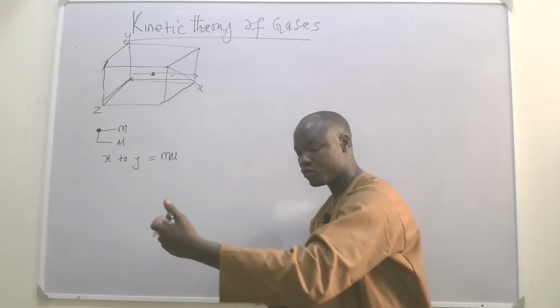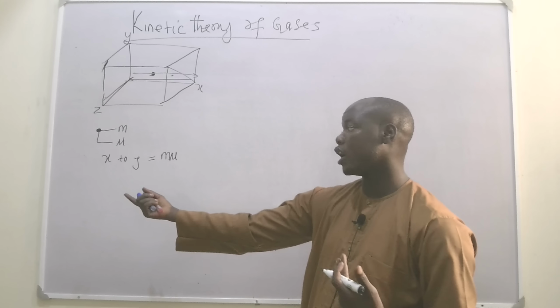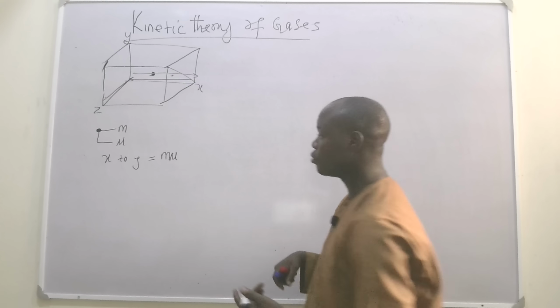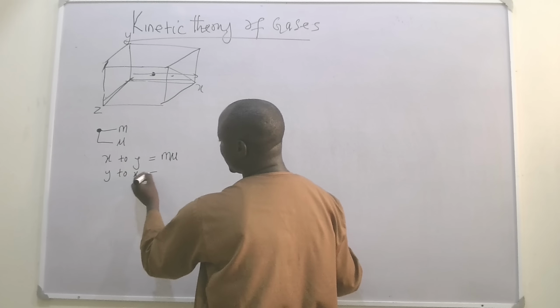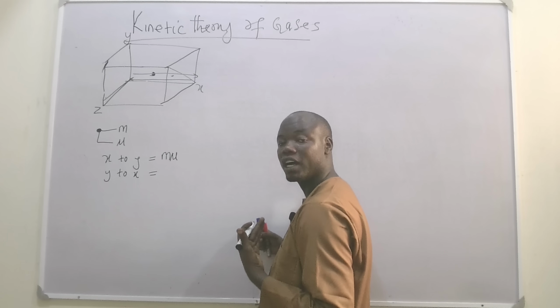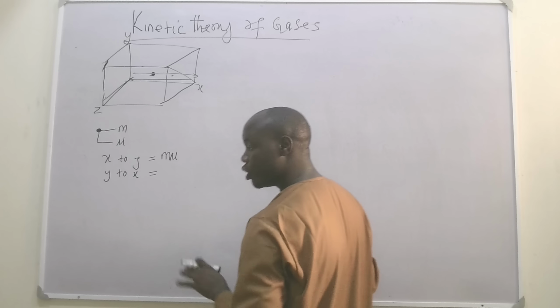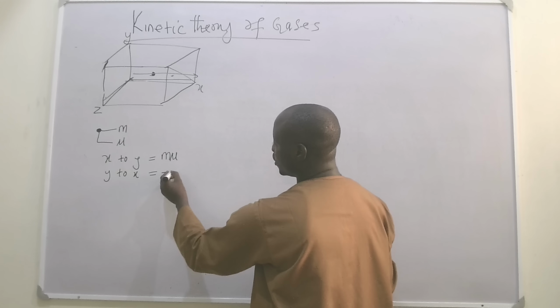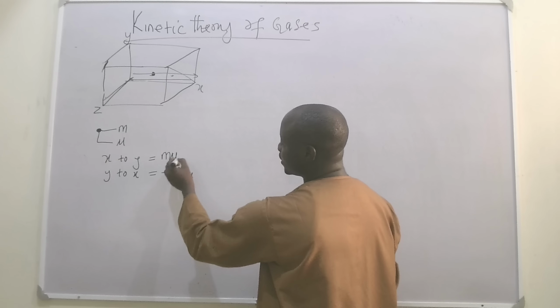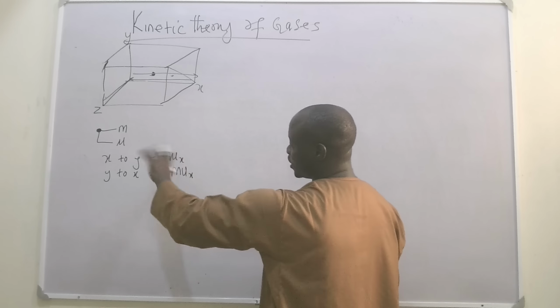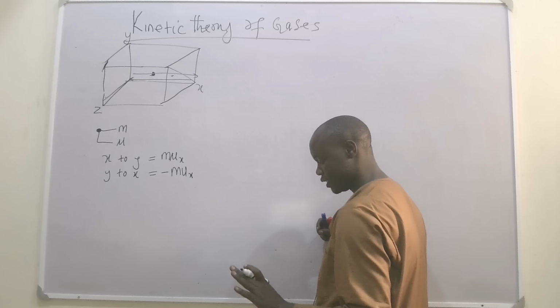As they collide with the wall of the container, they rebound back from point y to point x. And as it is rebounding back, the momentum will be negative at that point. So it's going to be negative mu_x, because it is moving in the direction of x.